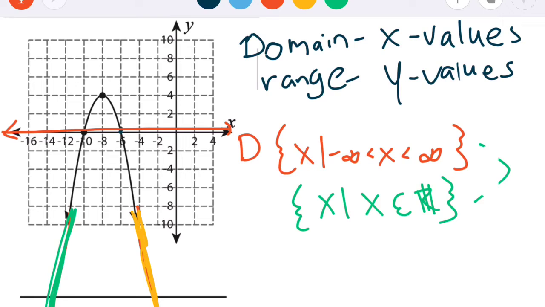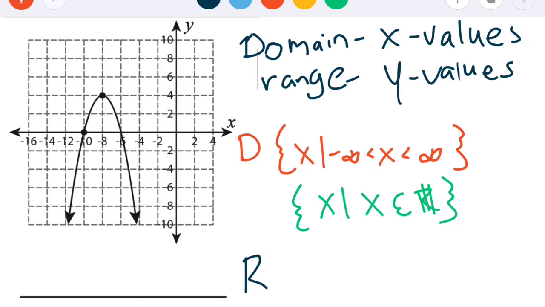Now the range is going to be a little bit different here. Let me erase my scribble for the domain. The range, if you remember, is the y-axis. Here's my y-axis. The y-axis, just like the x-axis, is going to go up and down forever and ever.